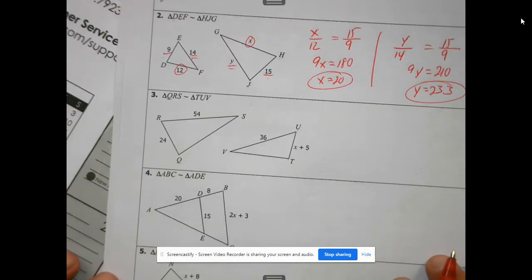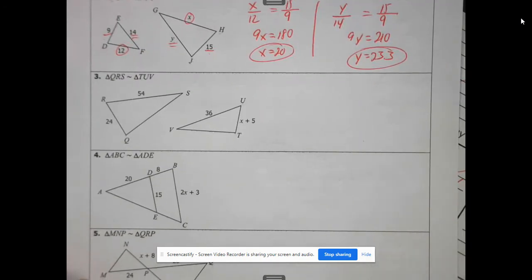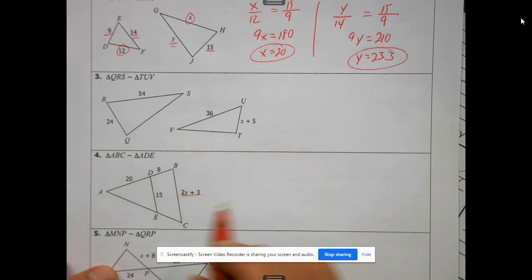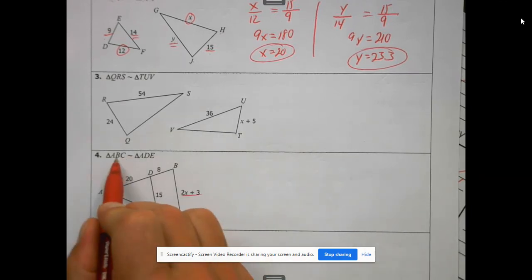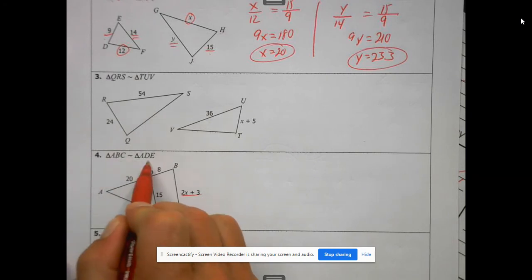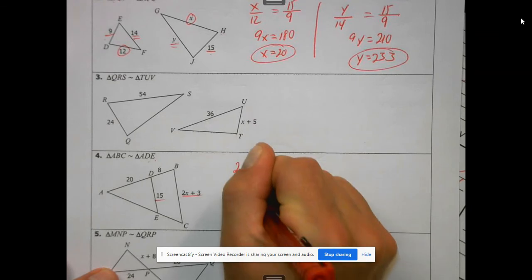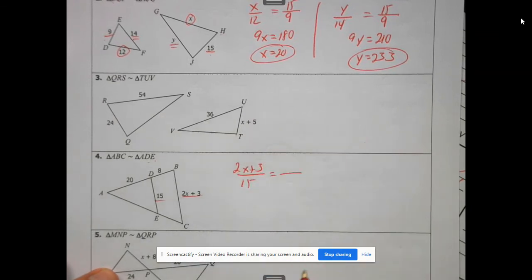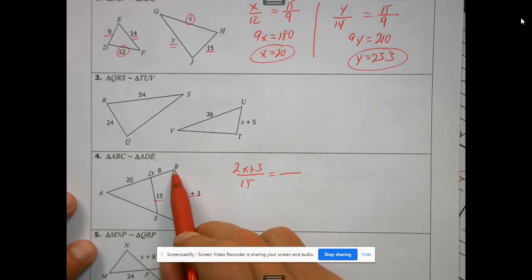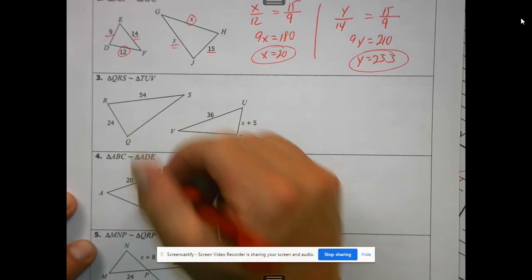Looking at number 4. All right, I find the variable first. There it is. That's between B and C. BC matches with DE. So I'll have 2x plus 3 over 15. Now here's the tricky part. BC is the base for the big triangle, right?